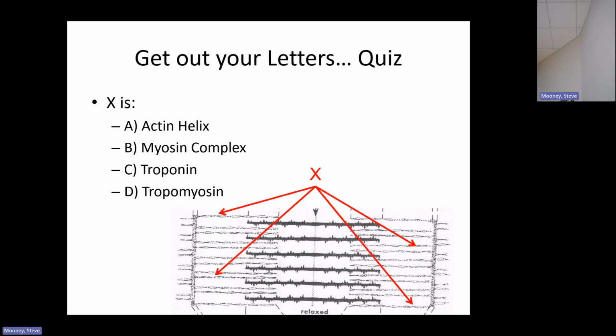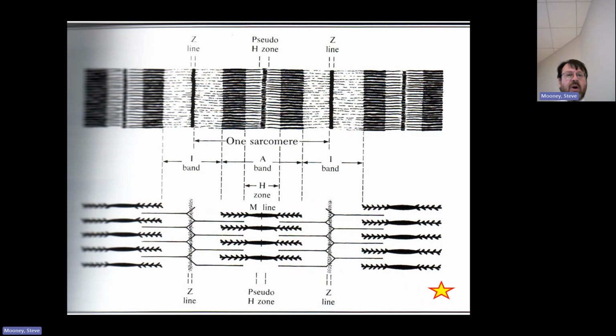What are these? Also called the thin filaments. A is probably the best choice up there, but I have to accept C or D, and we'll see why in a minute. But the actin helixes are the most visible presence there. So everybody got their parts figured out.